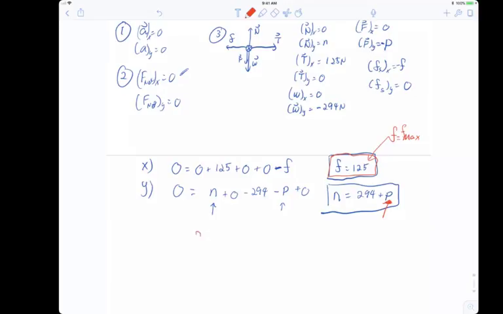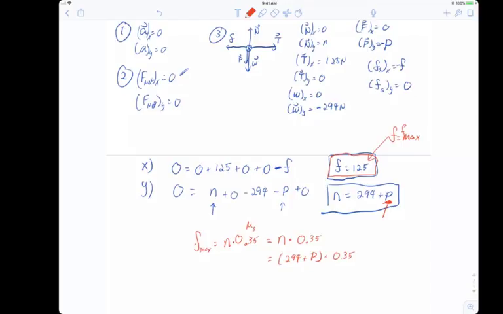The maximum static friction is the normal force strength times, in this case, 0.35. That's mu static. Okay. So you see how the normal force enters into the calculation for the maximum amount of force. So it's 294 plus the force I'm pushing down times 0.35.